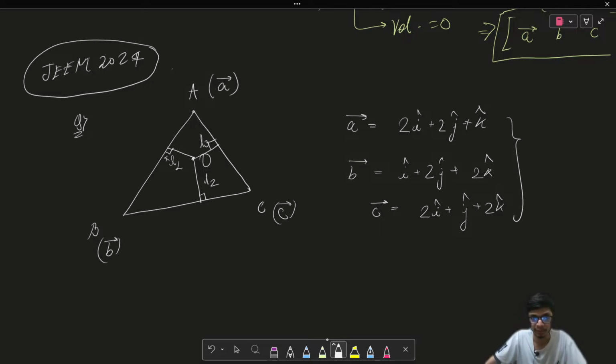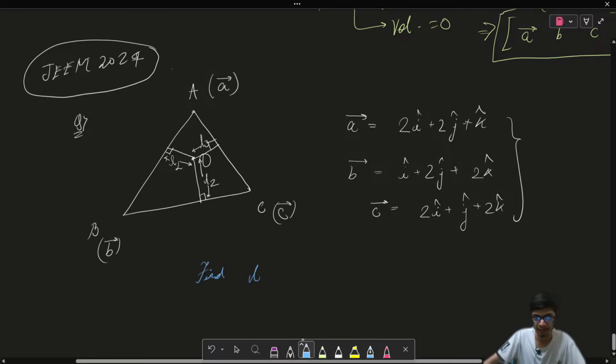In the problem it is asked that, using this relation, please find the value of L1 square plus L2 square plus L3 square.